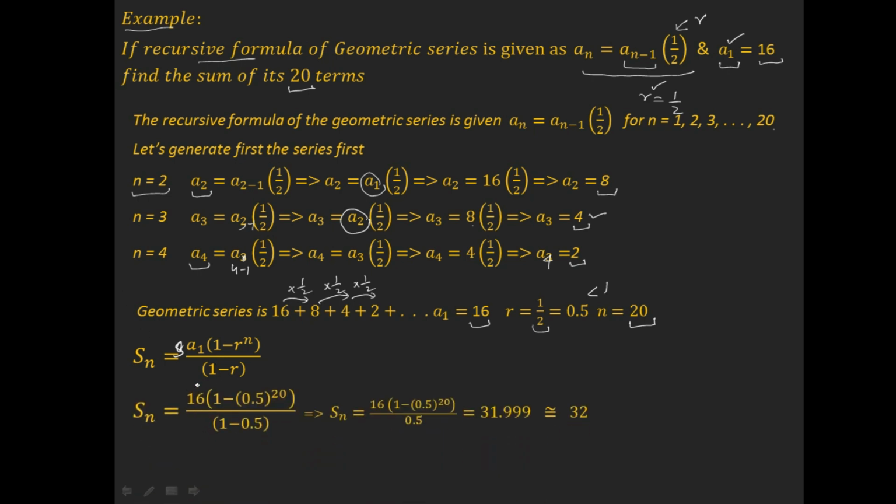Putting the values, A1 is 16, r is 0.5, and n is 20, divided by 1 minus 0.5, which is 0.5. After calculating, we get 31.999, and the answer is approximately equal to 32. So if we add the first 20 terms of this series, we get an answer approximately equal to 32.